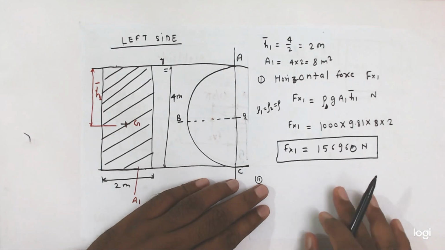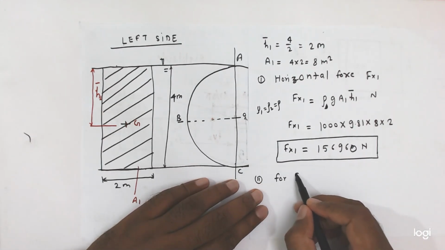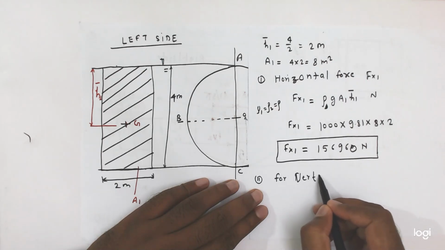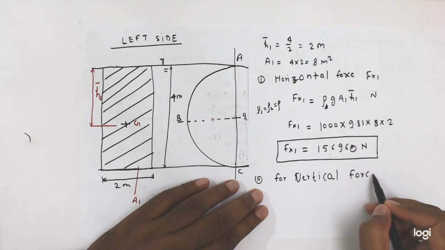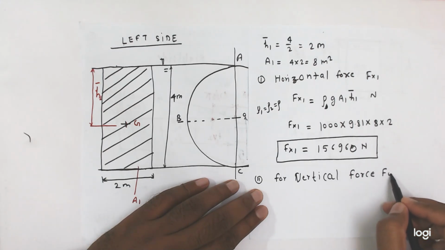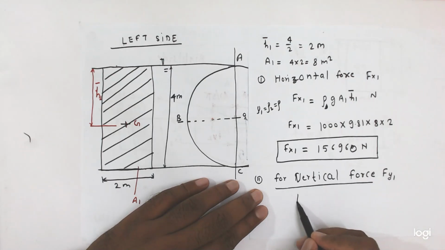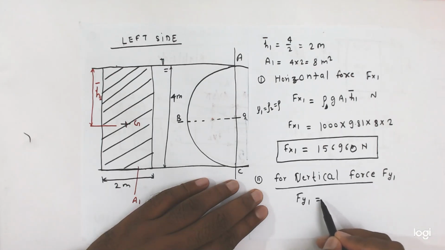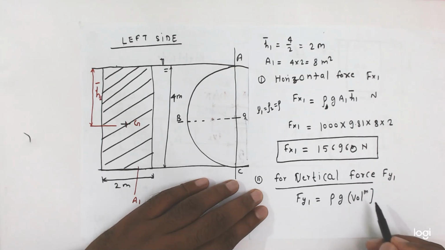Okay, friends. So for vertical force Fy1, what we will do, friends? We know that the Fy1 equal to rho g into volume. So this volume is equal to what?